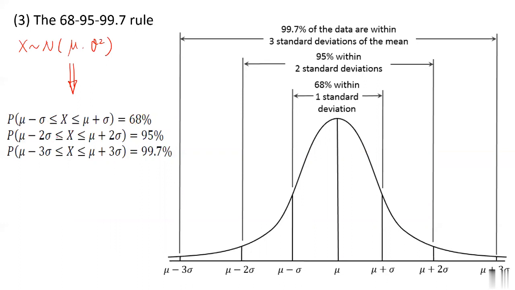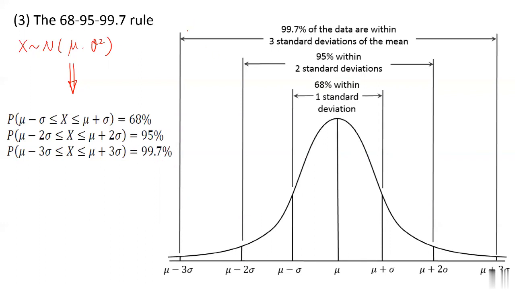Second, the probability of X lying between mu minus 2 sigma and mu plus 2 sigma is approximately 95%. Third, the probability of X lying between mu minus 3 sigma and mu plus 3 sigma is approximately 99.7%.